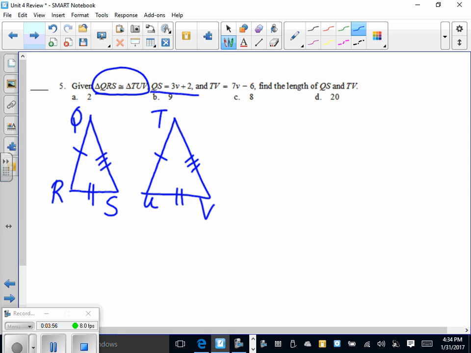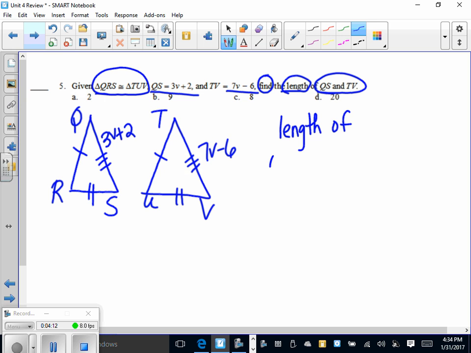So it says QS is 3V plus 2, TV is equal to 7V minus 6. It asks, find the length of QS and TV. So they're asking for the length of QS and TV.